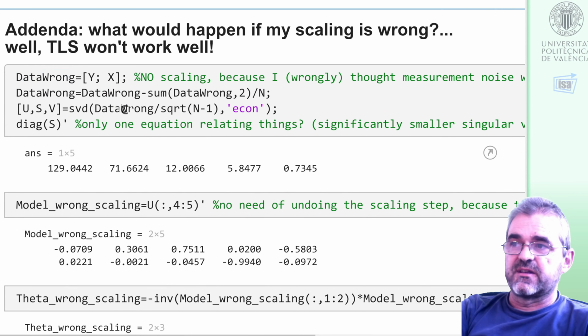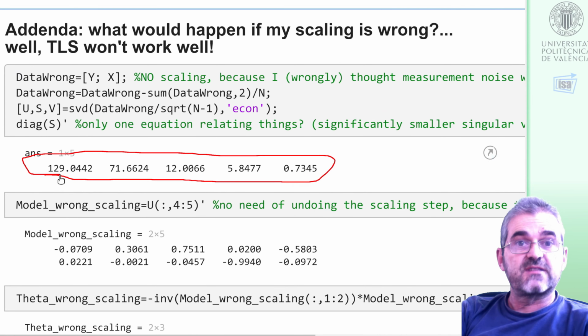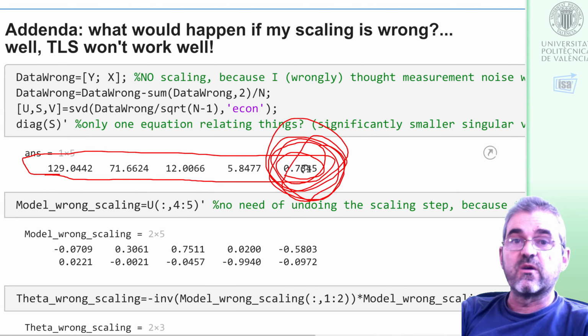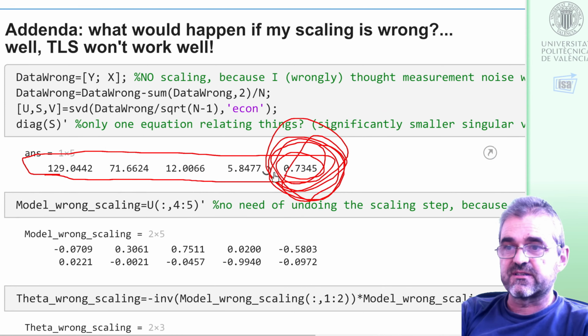Then this SVD, total least squares, results in these principal component standard deviations. So it seems that there is only one of those components that can be said to be very small.